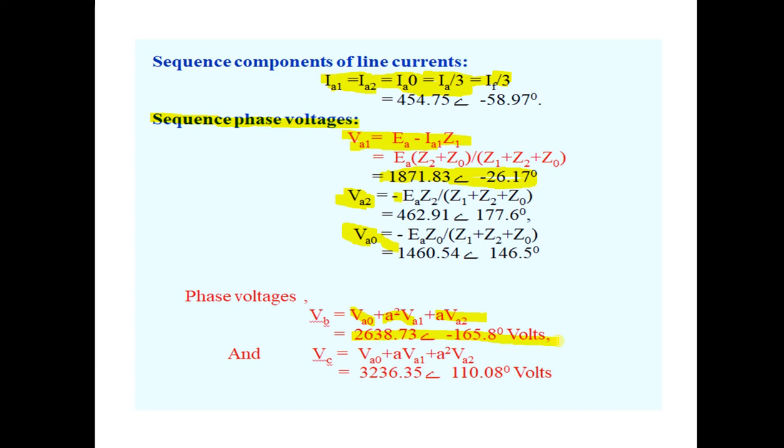And similarly for VC, just opposite: VA0 plus A V1 plus A square V2. So after applying all the values here, you will obtain 3236.35 with an angle 110.08 volts. Thank you.